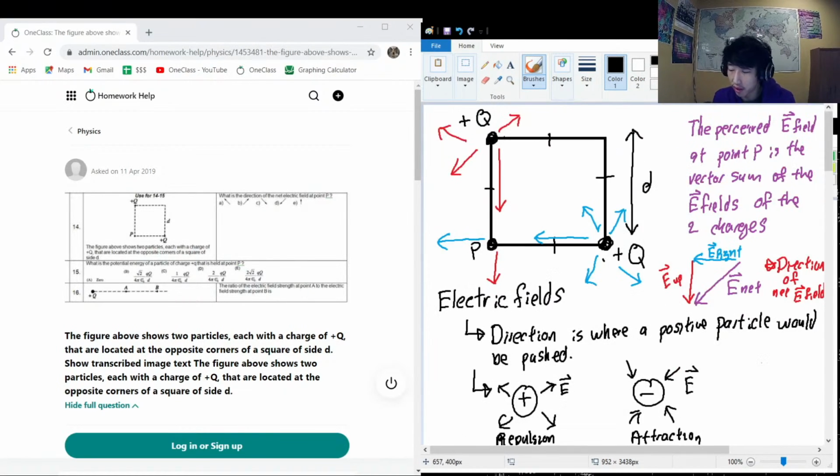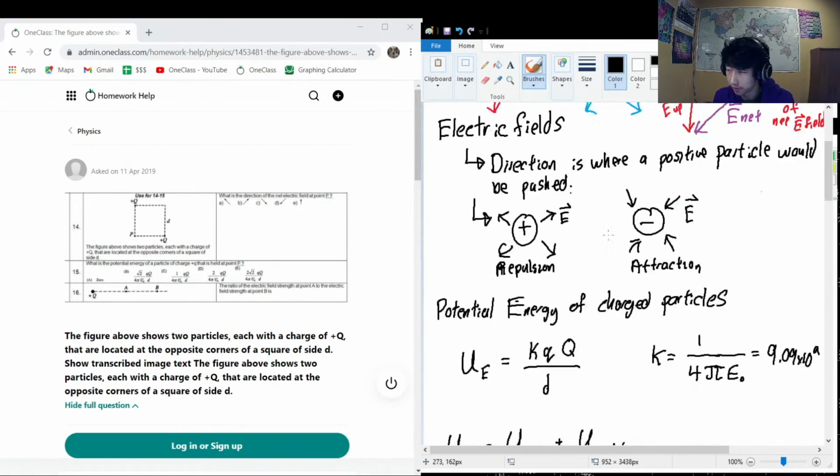We find the potential energies of those individually, and then we add them together, and that will be our net potential energy as observed from a charge q held at point P. Also keep in mind that it's positive, so it is a repulsive thing, but we don't need to worry too much about signs because it's more of a magnitude thing.